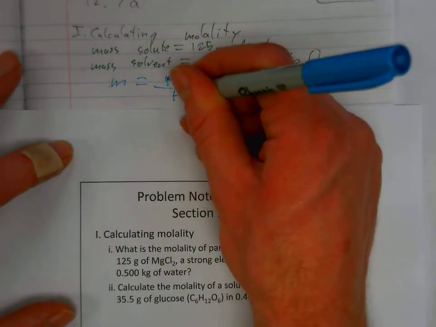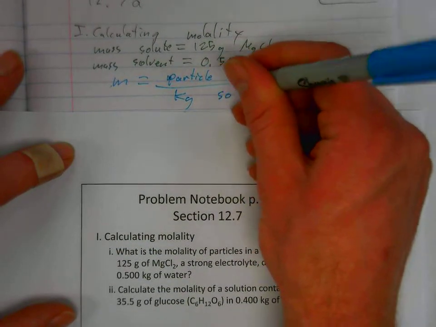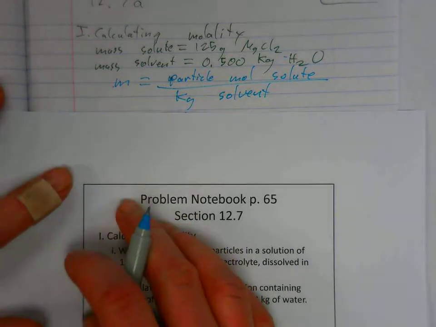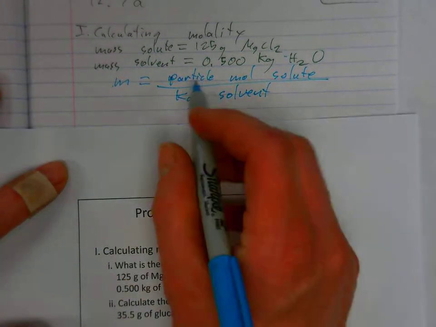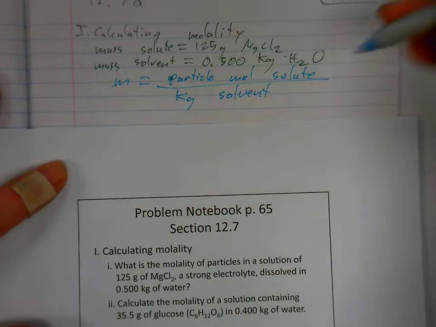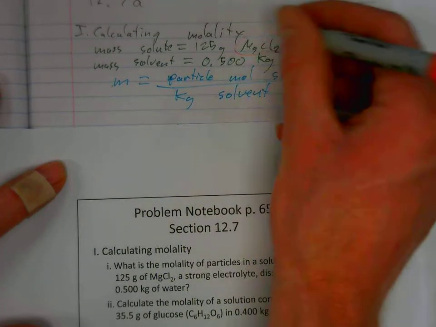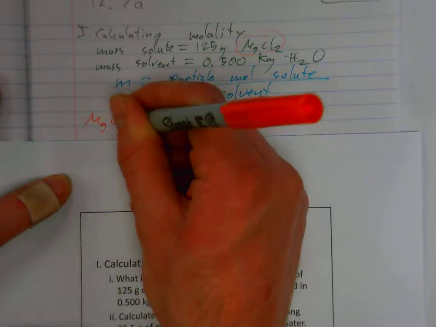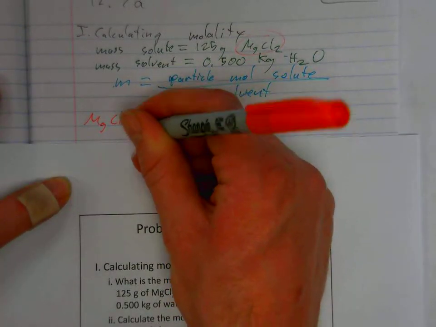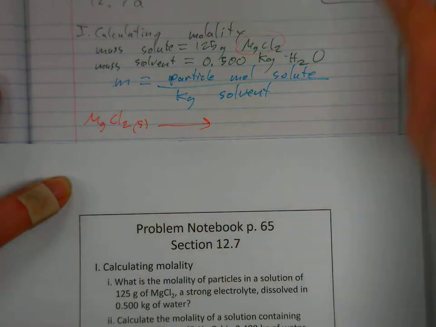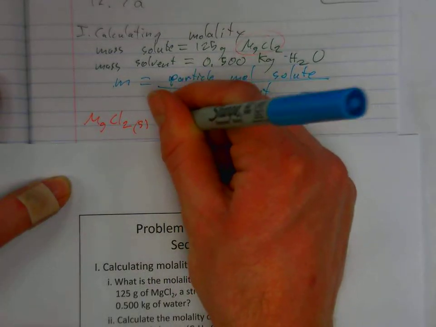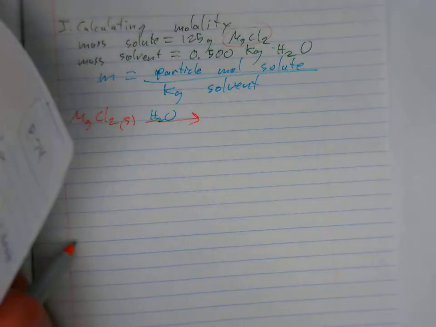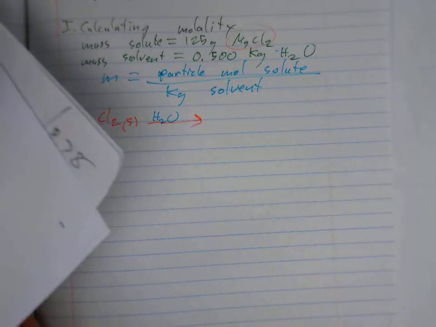So the key here is we need to figure out the number of particle moles. And in order to do that, we need to look at this compound, MgCl2. When that is added to water, it dissociates into its ions. We did this back in section 12.2. So remember doing dissociation, where we look at how things break up into their ions. That's what we're doing here.